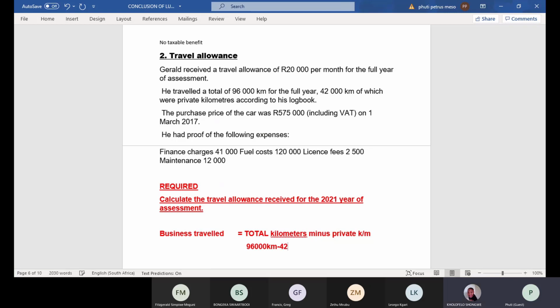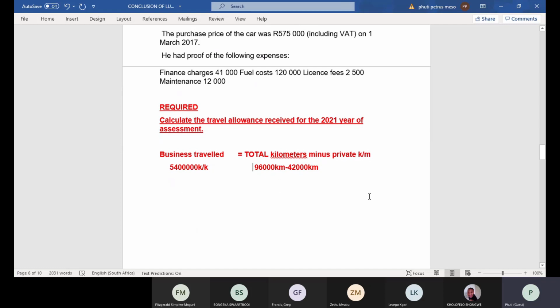Yes, the 42,000. So if you subtract, you get the difference of 54,000. Thank you so much for that. So that's your business kilometers basically. Okay, the first part is done and it has been done quite well. What's the second part?